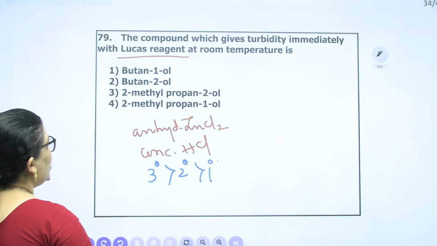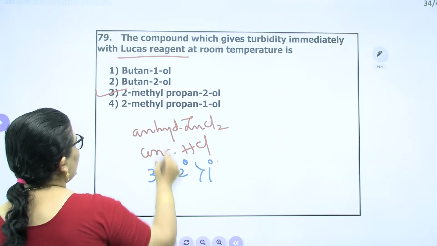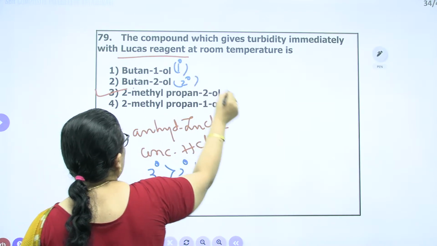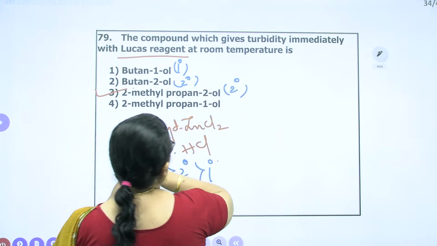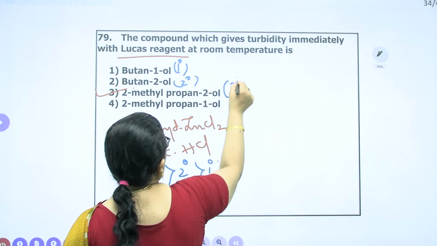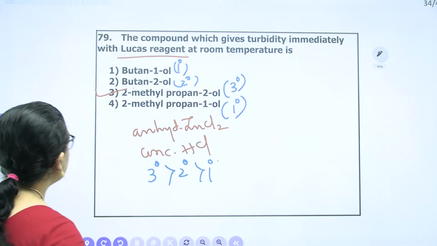Therefore, the answer is 2-methyl propan-2-ol, which is tertiary, because butan-1-ol is primary, this one is secondary, this is tertiary, and the last is primary in nature.